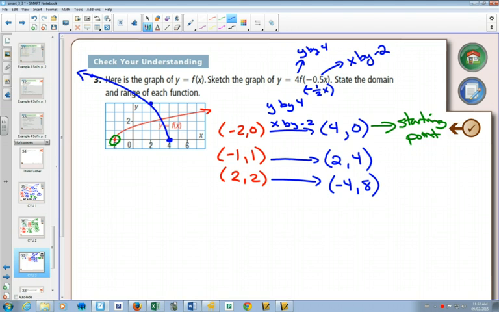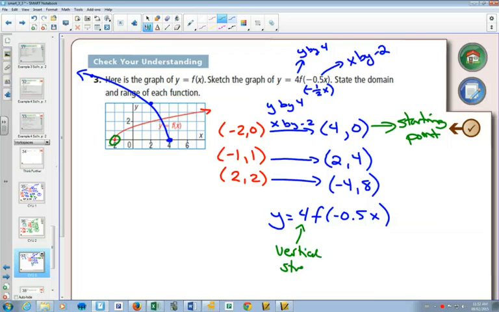So there's our starting point. The shape is the same. Again, another thing I want you to think about is in function notation, this is what we had. And we should be able to describe each of these things. This is a vertical stretch.